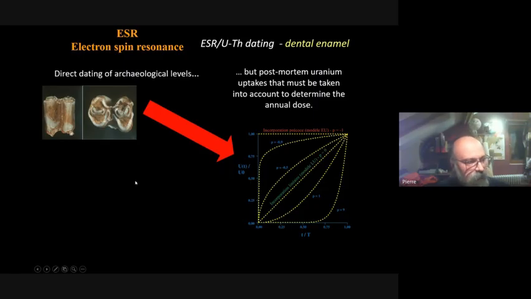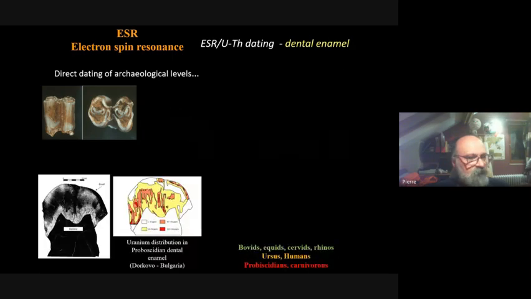Another thing to keep in mind for this method is that it is not possible to use it on each kind of tooth of all the mammals.